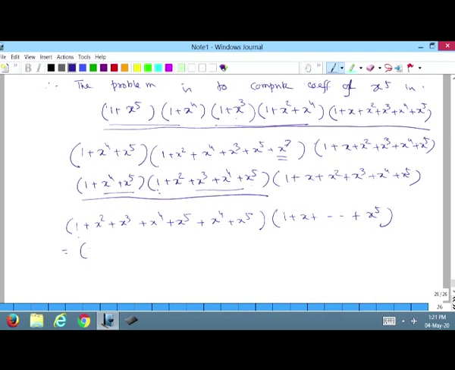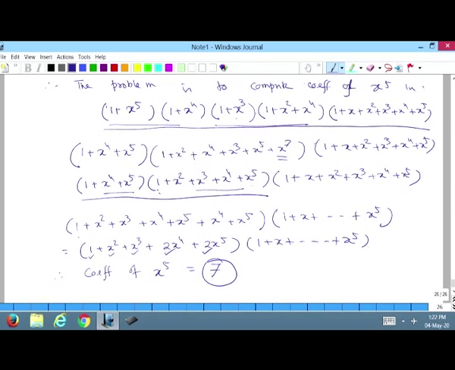This is equal to 1 plus x square plus x cube plus 2x to the power 4 plus 2x to the power 5, multiplied by 1 plus x plus up to x to the power 5. Therefore, the coefficient of x to the power 5 is equal to 2 plus 2 plus 1 plus 1 plus 1, which is equal to 7.